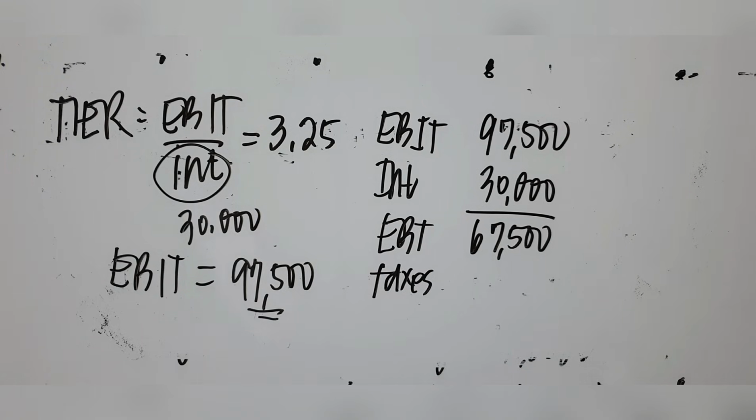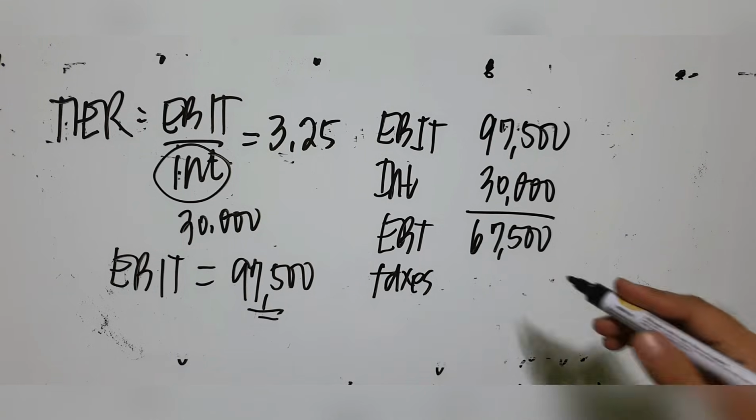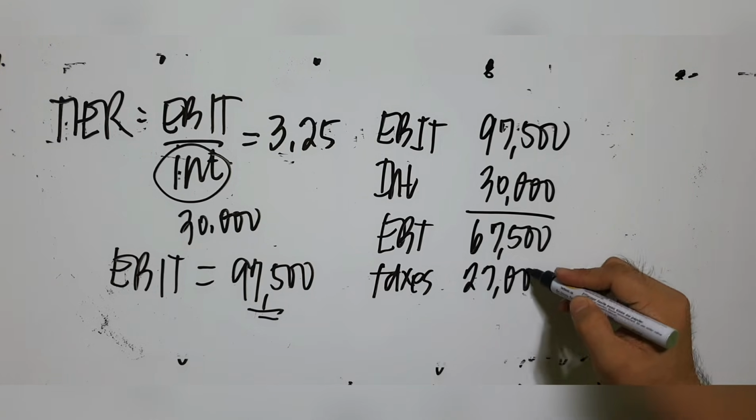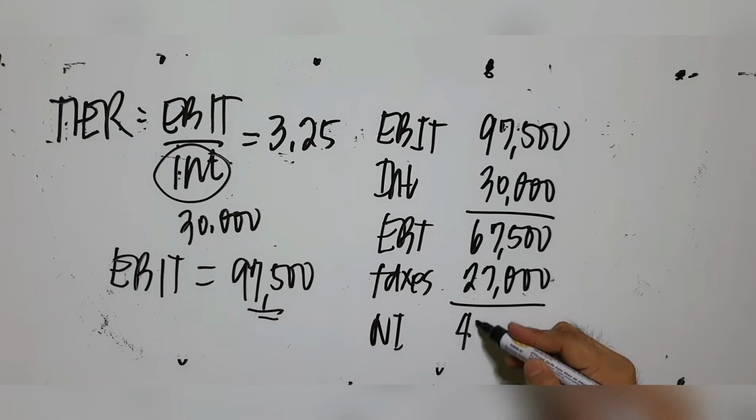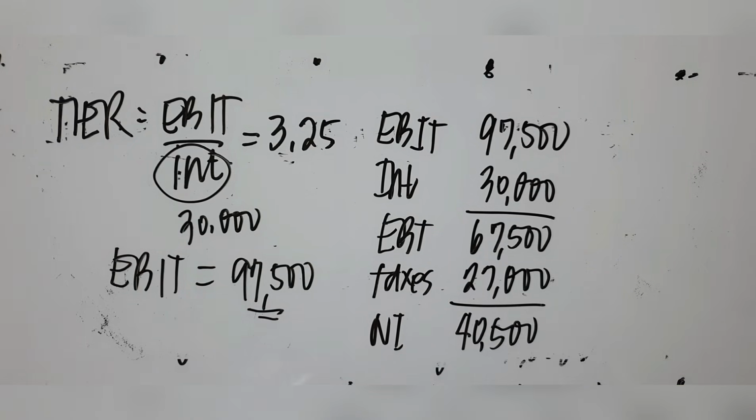May binigay ba? 40%. So, 40% of 67,500 times 0.4, that is 27,000. Therefore, your net income is 40,500. That is your answer in number 3. 40,500 pesos.